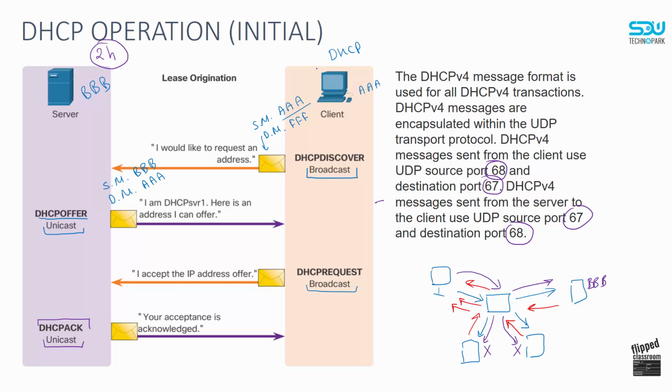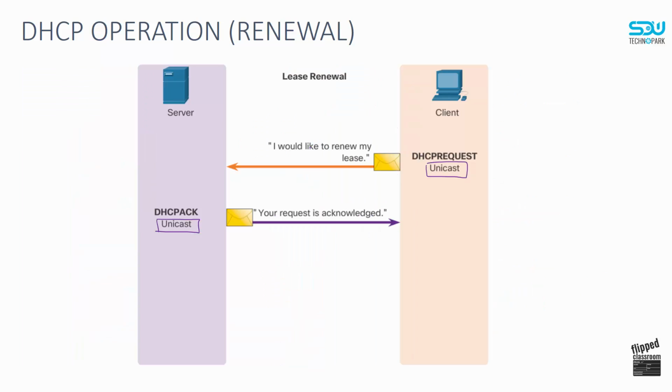After 2 hours, if our computer is not connected to the network anymore, the same IP address which was given to computer AAA can be used by different equipment. But if my computer is still connected and working, then it will make a renewal request, a DHCP request, saying that I would like to renew my lease, and the server will say alright, you can still use this IP address.